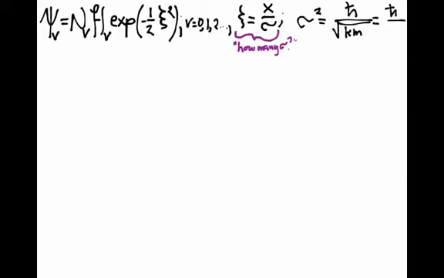Remember, sigma squared is h bar divided by the square root of the spring constant times the mass, which is equal to h bar divided by the square root of the second derivative of the potential times the mass, because the second derivative of the potential is equal to the spring constant. I hope if I repeat that enough times, that'll become second nature.